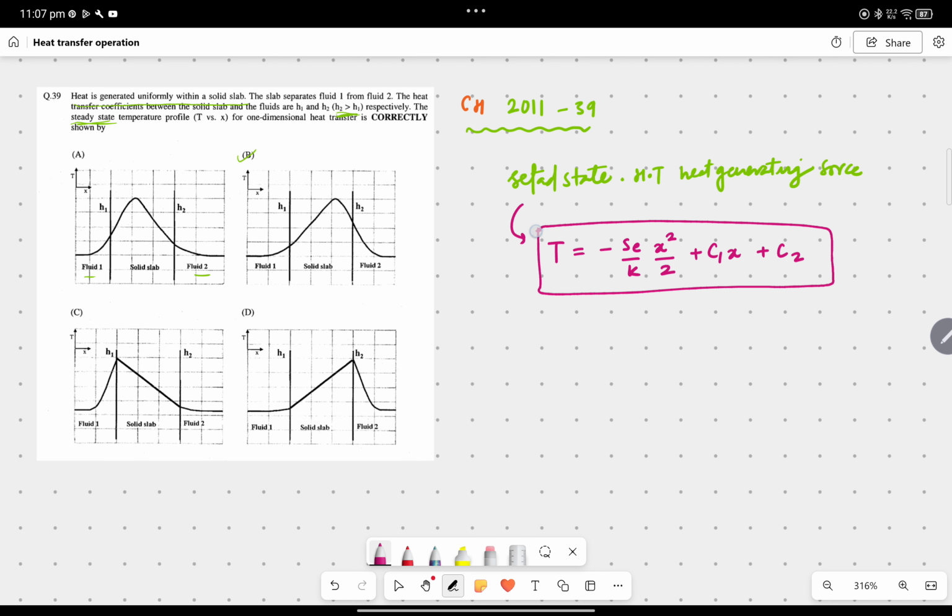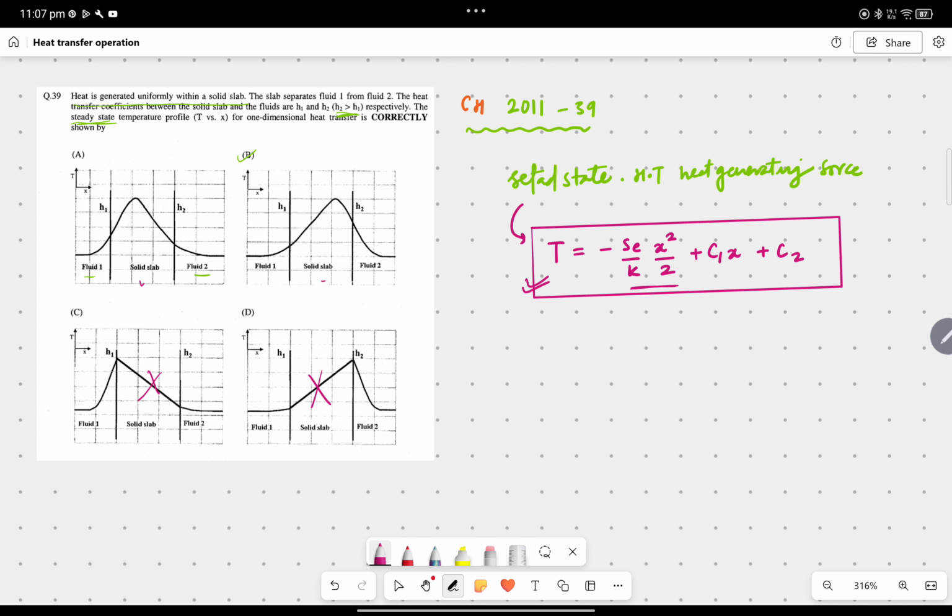By analyzing the equation of energy, by doing a heat balance. Seeing this equation, we can see that it is parabolic in nature. If it is parabolic, that means linear graphs are not possible, so from this or this, any answer is possible.